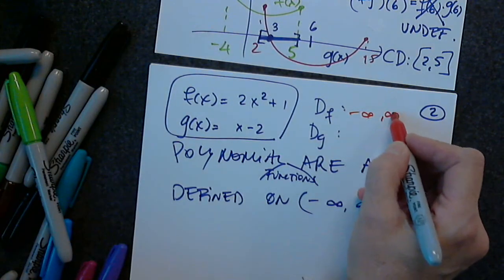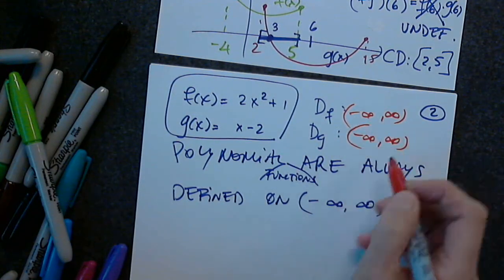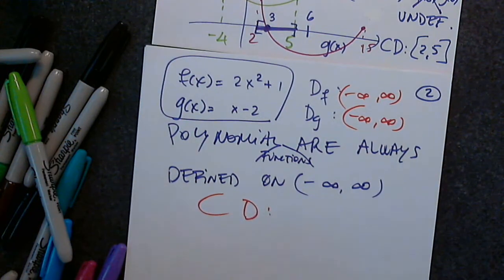So negative infinity to infinity, negative infinity to infinity, then what is the common domain? If there is no common domain, I can't determine the sum, difference, product, and ratio of these functions. So what will you say?